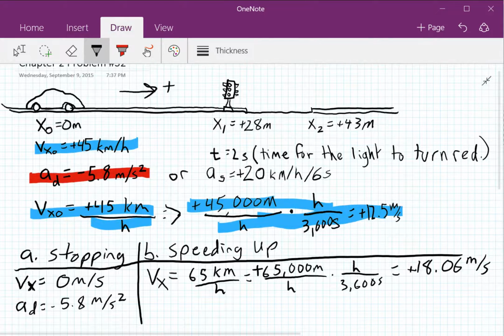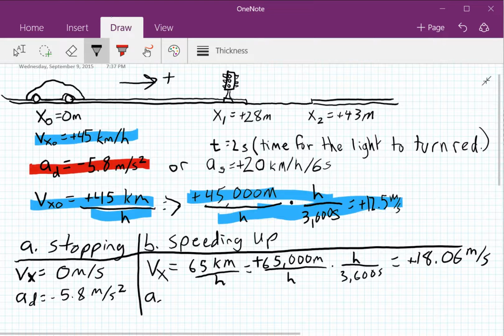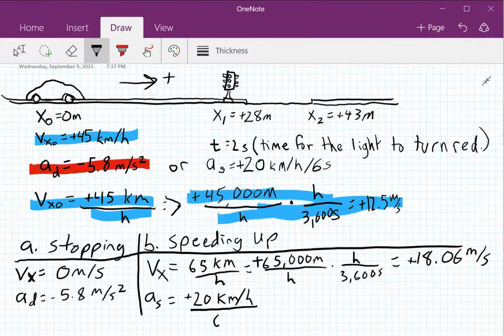The acceleration was told at positive 20 kilometers per hour over 6 seconds. So this one can be a little trickier to convert. Okay, I'm actually going to rewrite it a different way first.